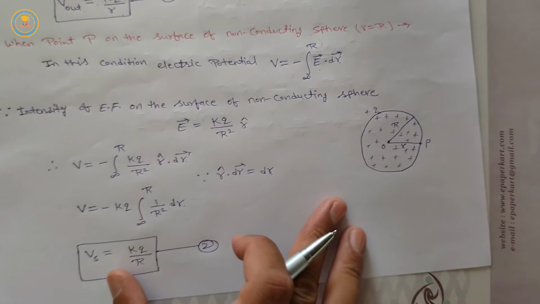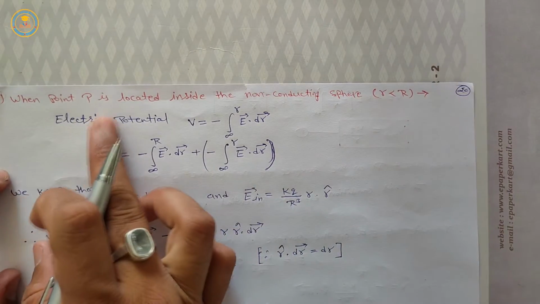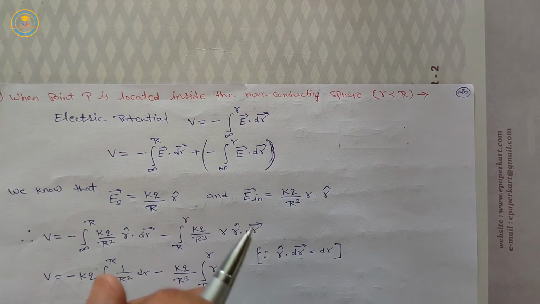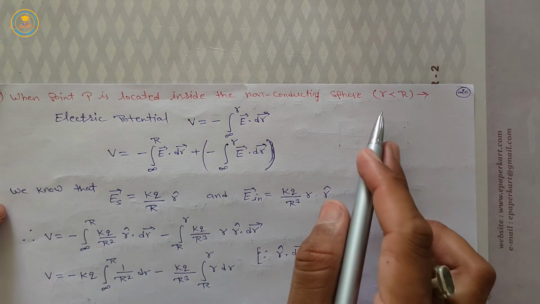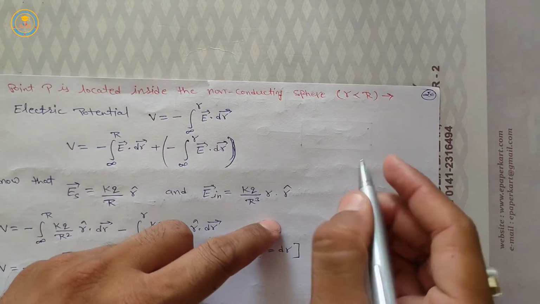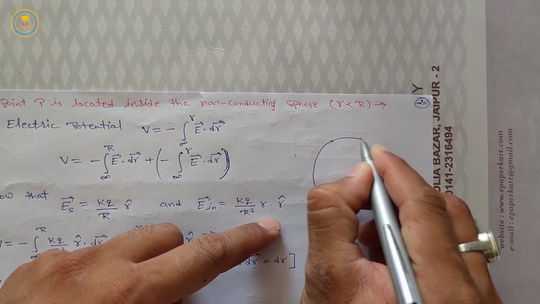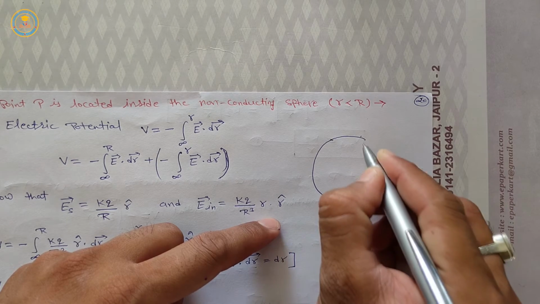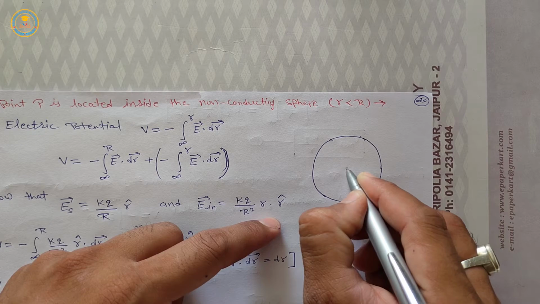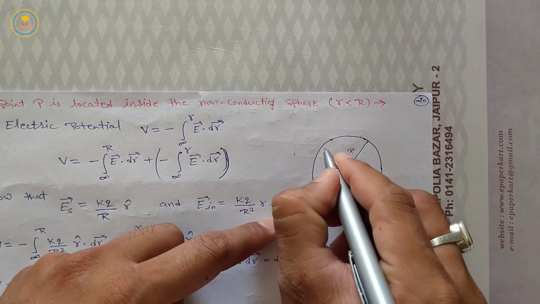Next, when point P is located inside the non-conducting sphere, in this case small r is less than capital R. Again we draw a non-conducting sphere of radius capital R. This is capital R, and O is the center.